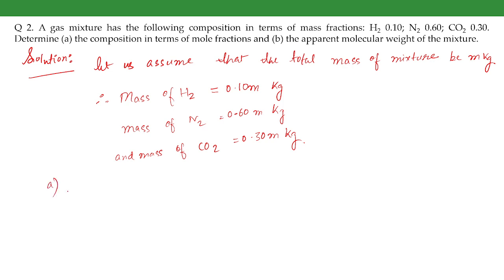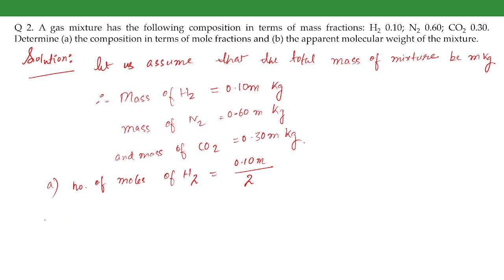Okay, now we have to determine the composition in terms of the mole fractions first. So first we have to determine the number of moles of each component. So the number of moles of hydrogen is this mass 0.10 m by the molecular mass of hydrogen, that is 2.